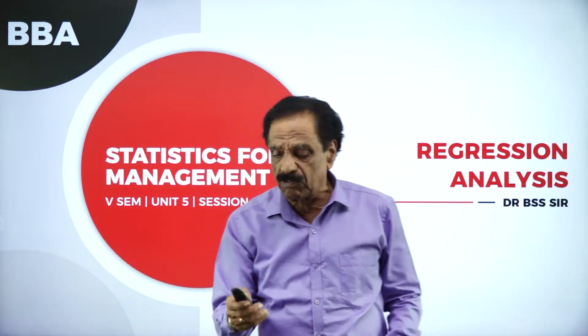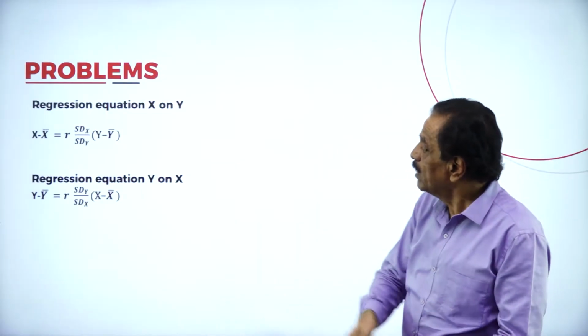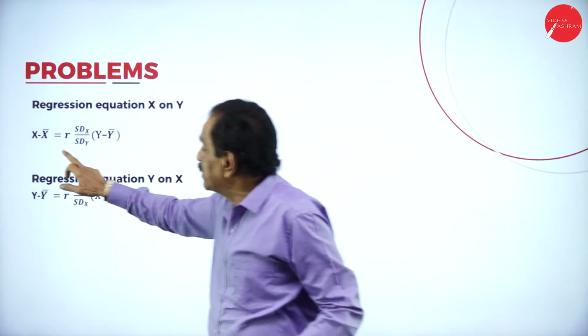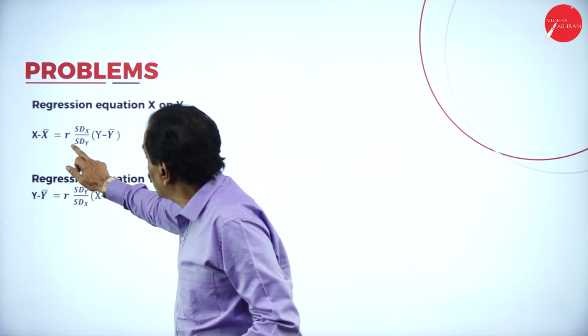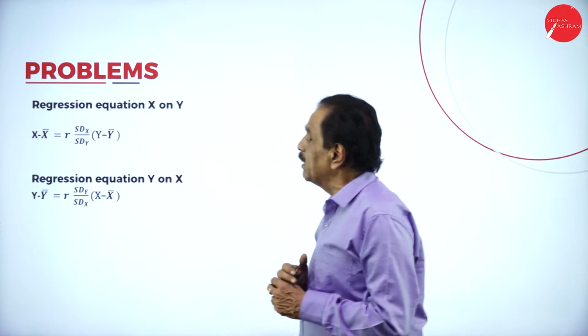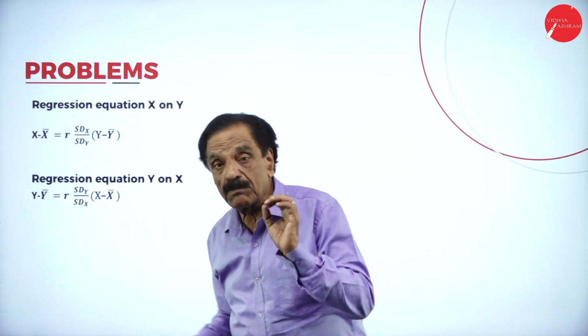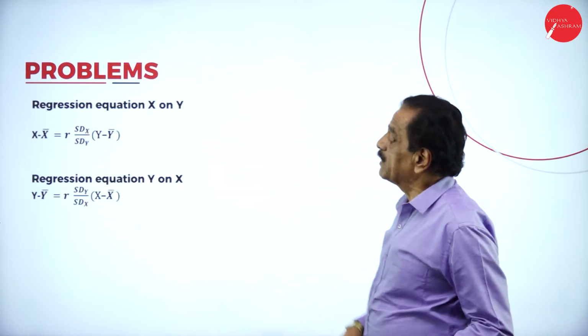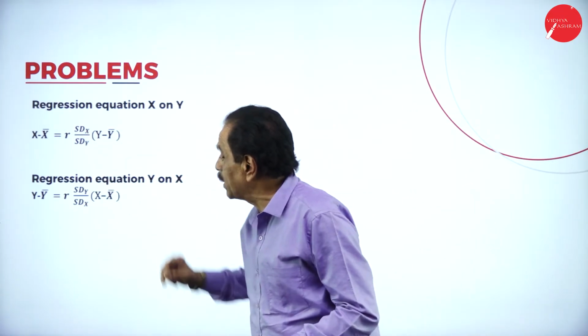We'll move on to these formulas. Regression equation x on y: x minus x mean equals r into standard deviation x divided by standard deviation y into y minus y mean.